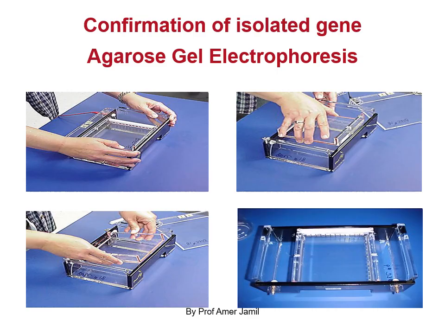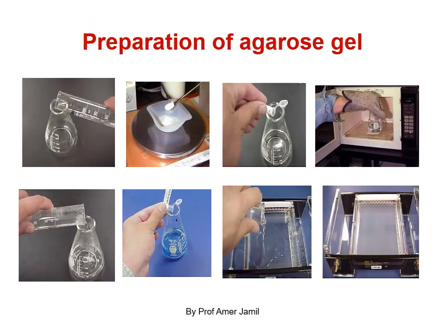So this is the basic equipment of agarose gel electrophoresis. It has a gel tank, this is a comb, and this is a buffer tank. Here is how you prepare agarose gel. Agarose is a polysaccharide made up of galactose and its derivatives.